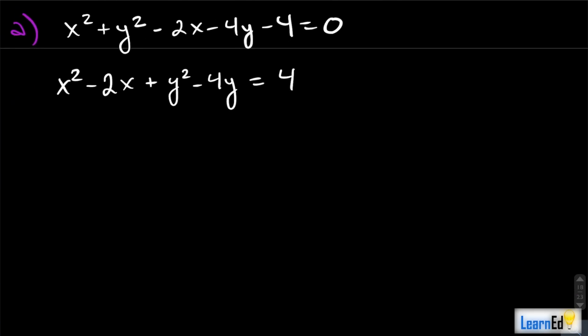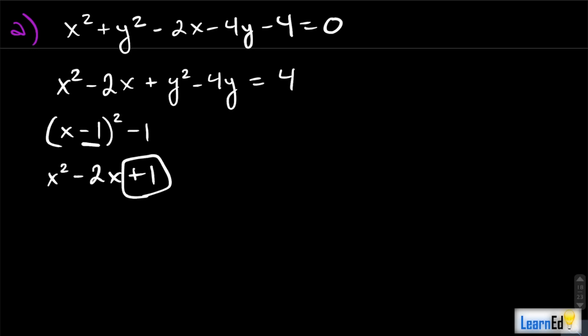Okay, so completing the square here, we get an x. Remember, we have a b over 2. B is negative 2, so b over 2 is negative 2 over 2, which is negative 1. And we square that. Now, what makes this different than x squared minus 2x? Well, you get an x squared minus 2x here, but you also have a negative 1 squared, so you have a plus 1. You have to get rid of this plus 1, so you have to subtract 1.